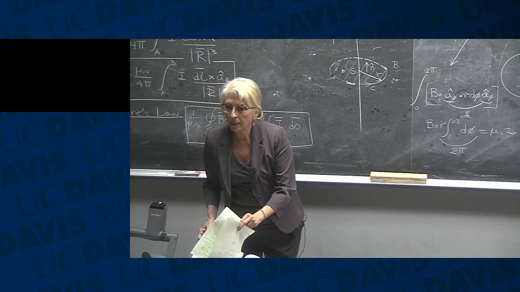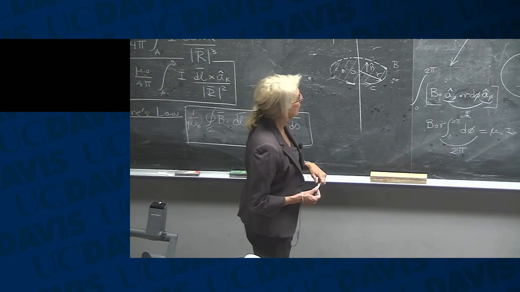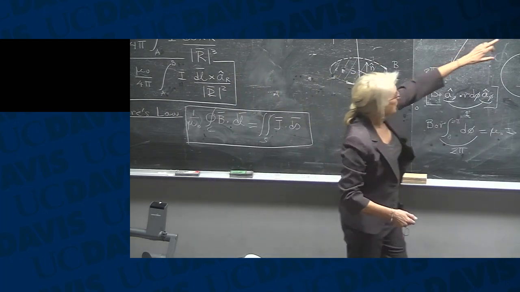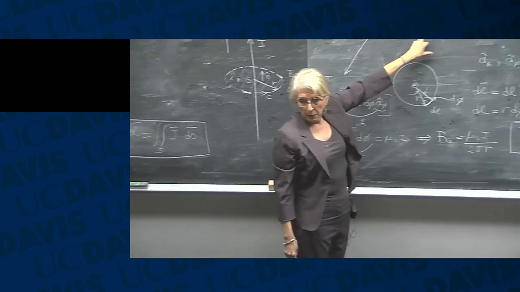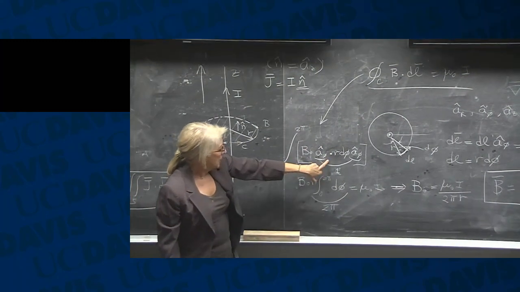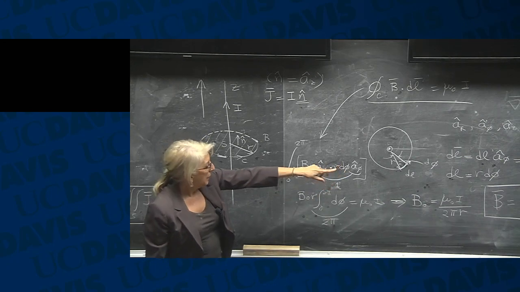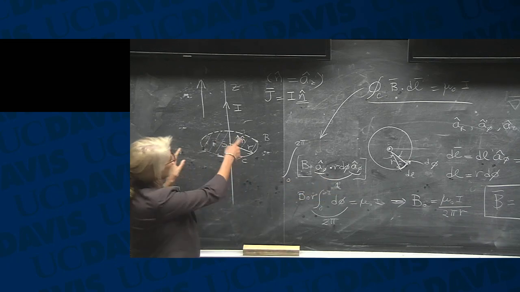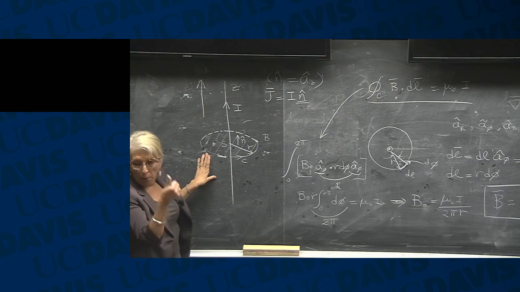Questions? Yes? How does the magnetic field have that direction, A sub phi? Okay. It shows that because of the inner product, and the inner product here only allows the A sub phi to exist, we find that the magnetic field the current generates has only one component.